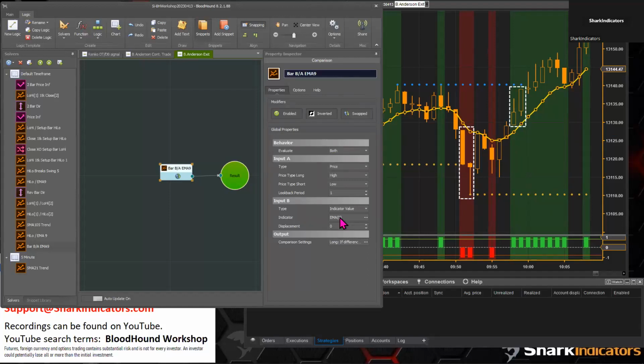So BloodHound is not capable, or it's not going to put the EMA on a different time frame. So at least not yet. We had to make further granular changes to the back end to make that possible, right? And that won't come out until much later, at best that may be possible next year. But don't count on it. Don't hold your breath.